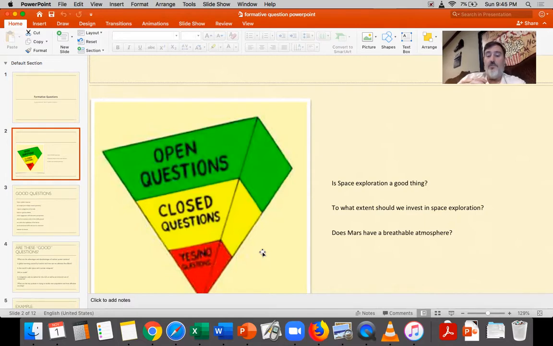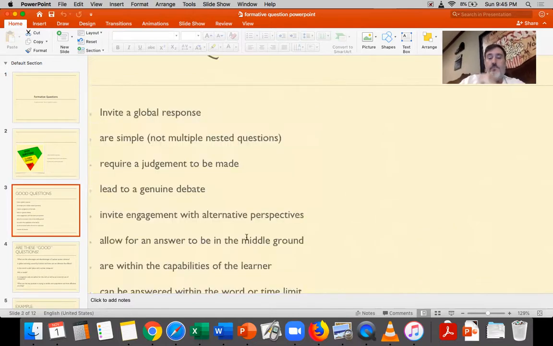And then lastly, does Mars have a breathable atmosphere? That's a simple yes or no. Obviously, you can't focus on a yes or no question. Even a closed question will be very difficult to write about. Open questions are the direction in which we need to go, okay? But it can't be too big, an open question.